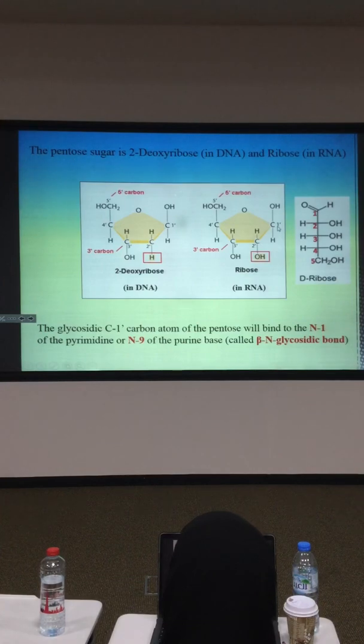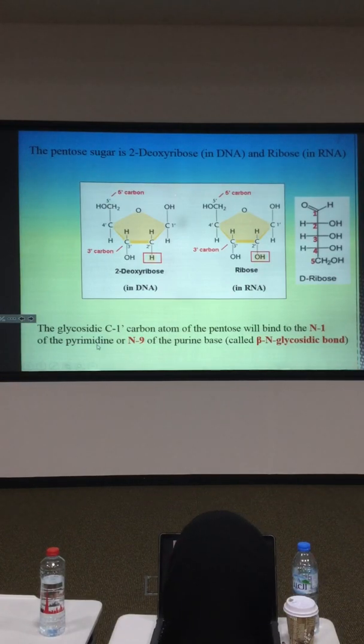Okay? In the case of pyrimidine, if it is the pyrimidine ring, there will be a bonding between C1 prime of the ribose sugar with the N1 of pyrimidine, the nitrogen N1. And in the case of purine, the bond will be N9.